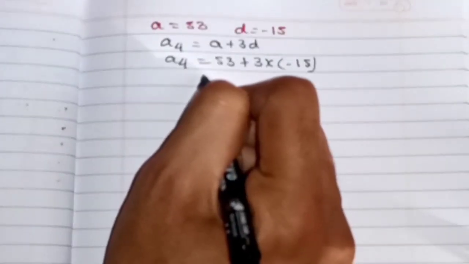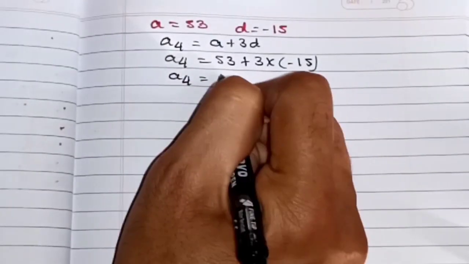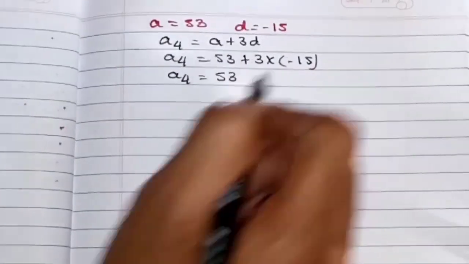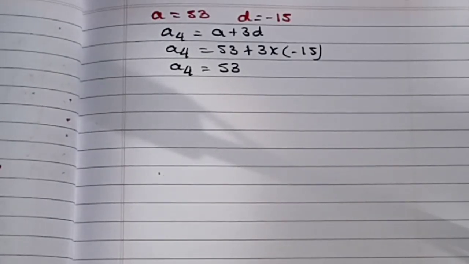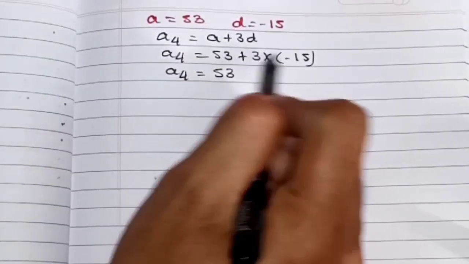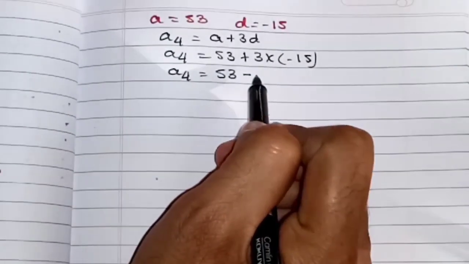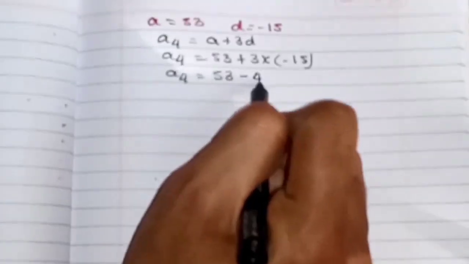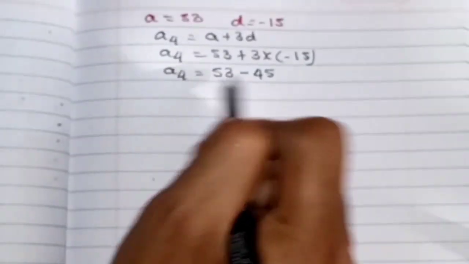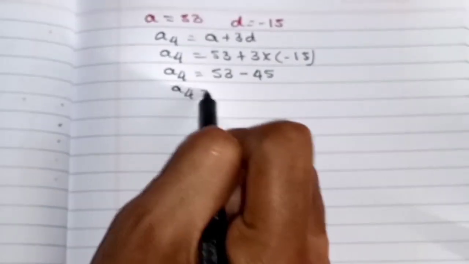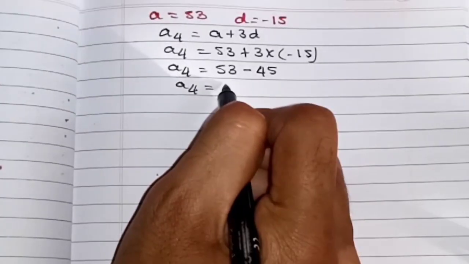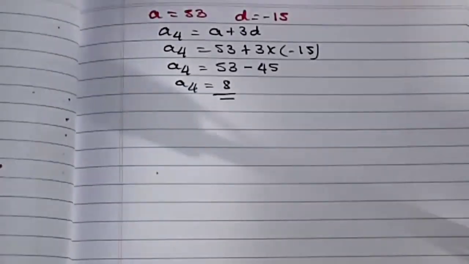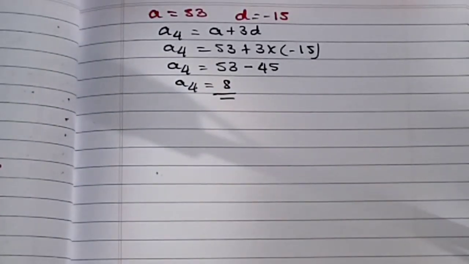Now here you need to multiply the number as well as the symbol. So plus into minus will be minus, so 15 threes are 45. Okay, now subtract, so therefore the a fourth term will be 53 minus 45, so the answer will be 8. So now this is the a fourth term.